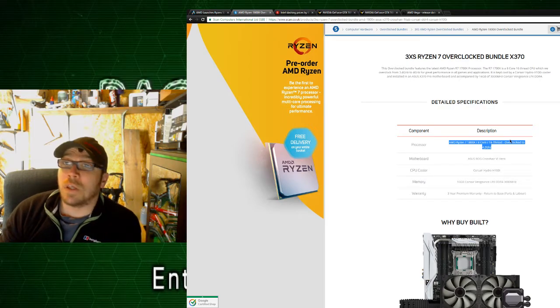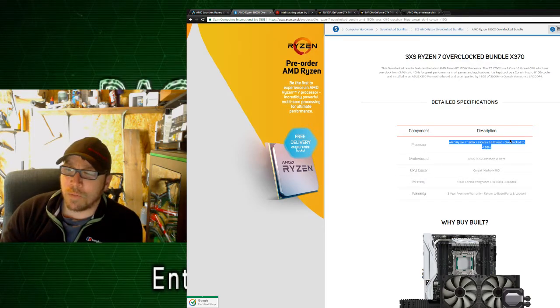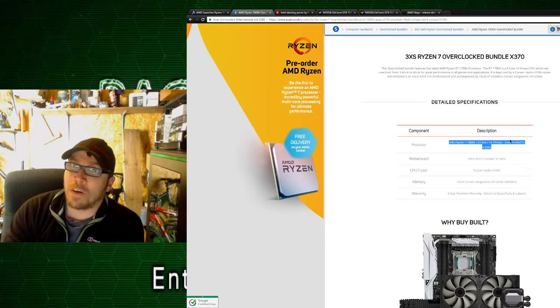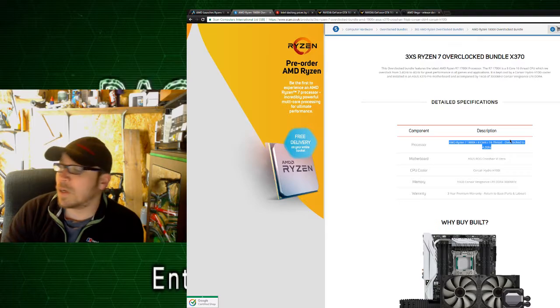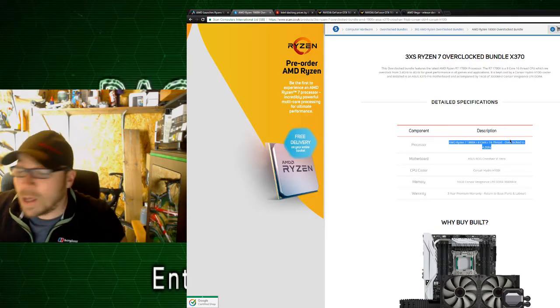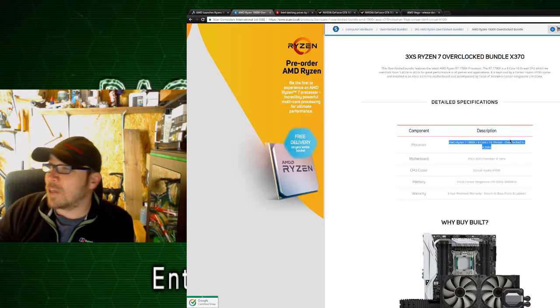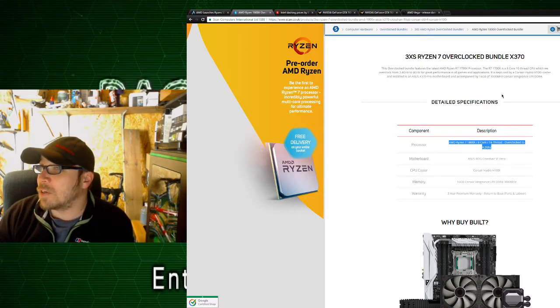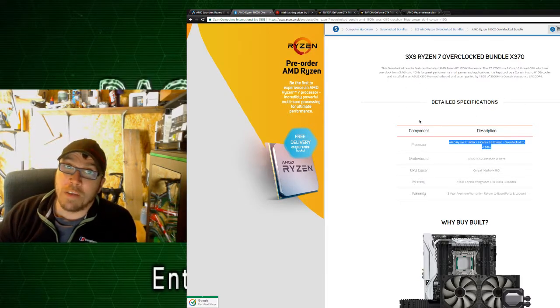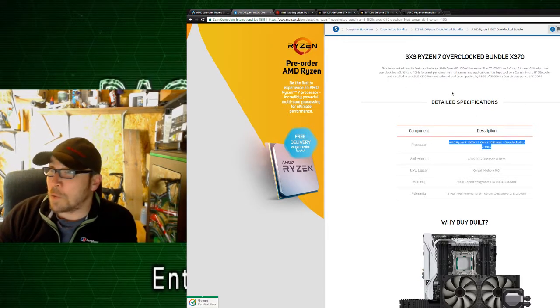I might be completely wrong, but I don't understand why AMD would sink so much money into R&D for a chip that will only push 200 megahertz past its boost clock speed. Like I said, I could be wrong, but I thought I'd bring that to your attention because I find it quite interesting. So there you go. You know that Zen's going to go to 4.2 at least anyway.